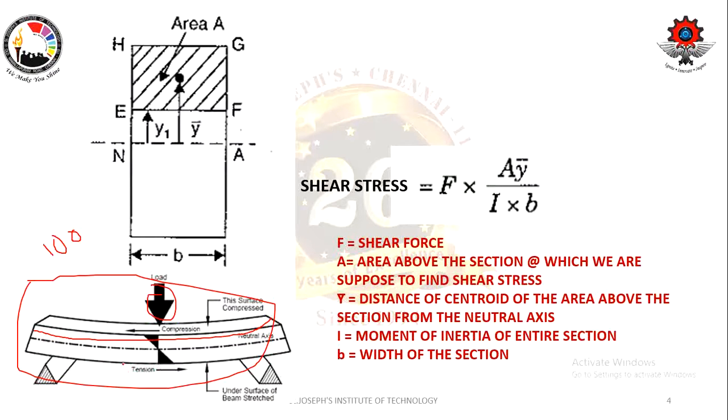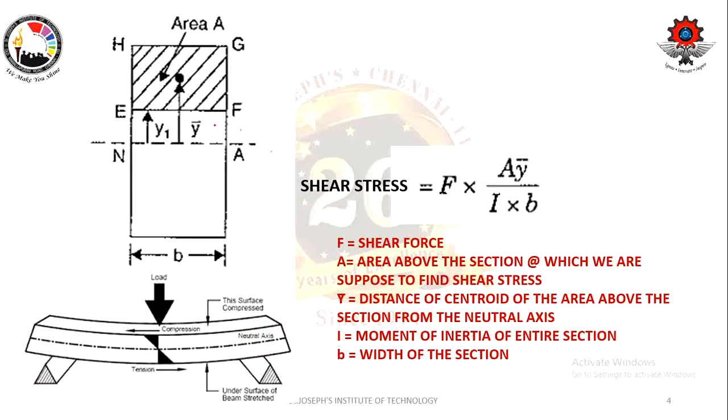The 100 mm length of the top layer is going to reduce to some 80 or something, and at the bottom layer the length is going to elongate to some 120 or something. But this neutral axis that is passing through the center of the beam is going to remain 100 itself. It is not going to experience any strain at all. So that is called the neutral axis.